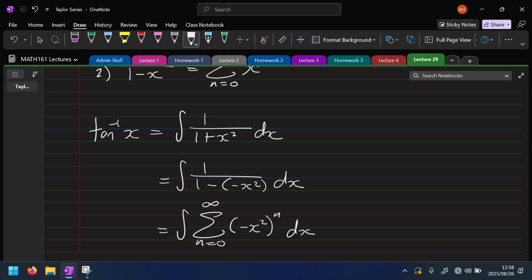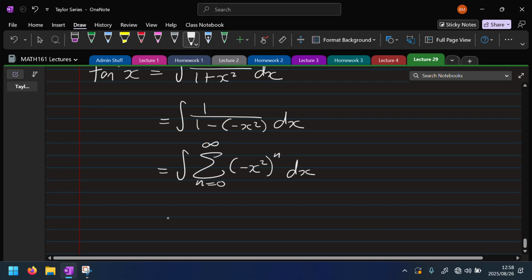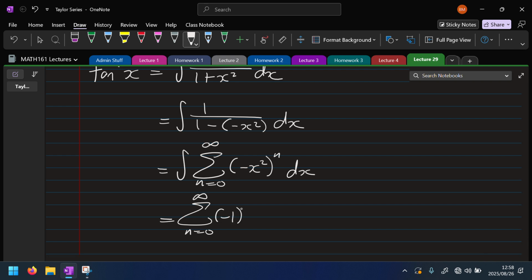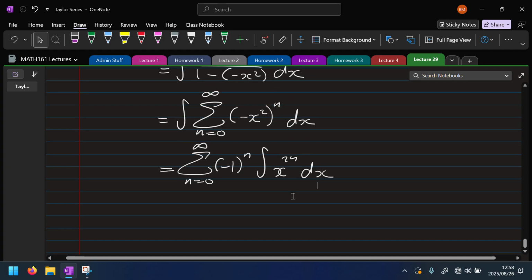Now, same as before, we're going to swap the integral and the sum. So this is going to be the sum, n goes from 0 to infinity, minus 1 to the n, integral of x to the 2n. Okay, so we just swap the sum and the integral around. Now this integral here, very easy.